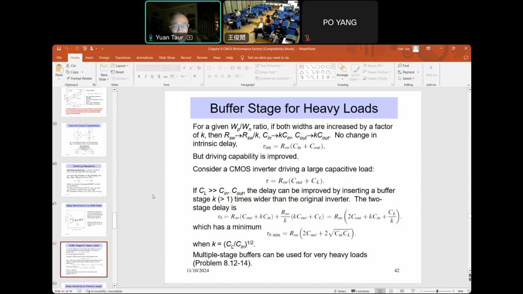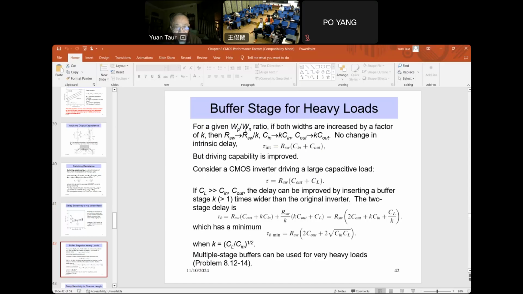Next, we talk about the buffer stage for heavy loads. So if the load capacitance is very large, well, first of all, let's consider the width dependence of the delay.